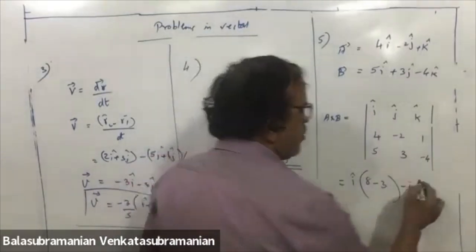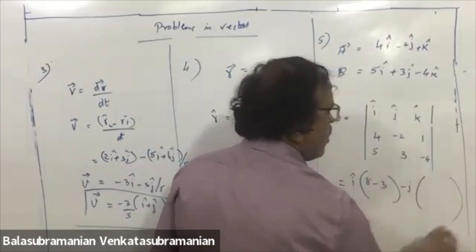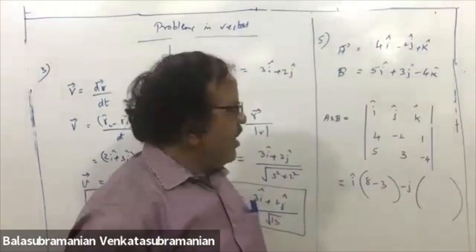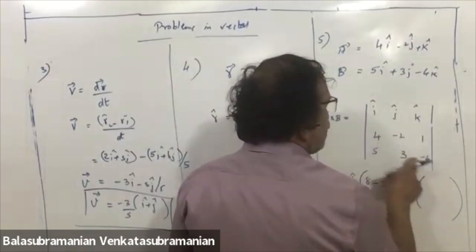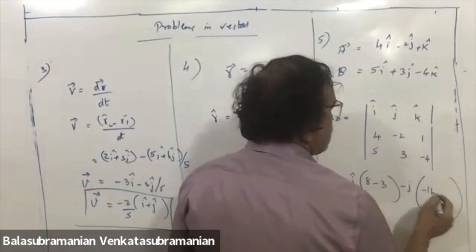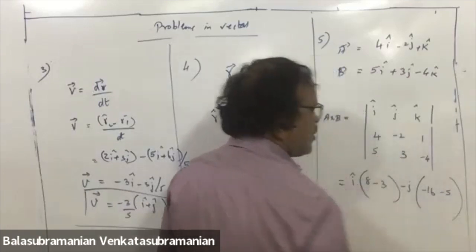Minus j into, leave that column and that row. 4 into minus 4 is minus 16, minus 5.